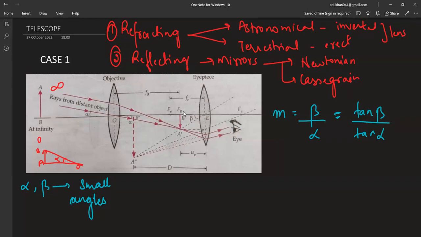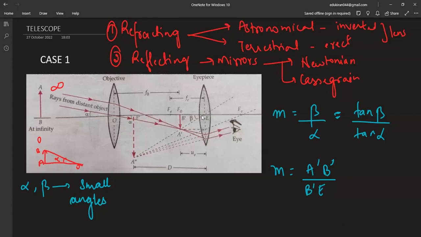Okay, and this is one triangle. Correct? So when we are talking about first beta, tan beta will be equal to A dash B dash divided by B dash E. Let me write it. A dash B dash divided by B dash E, perpendicular divided by the base in this triangle.